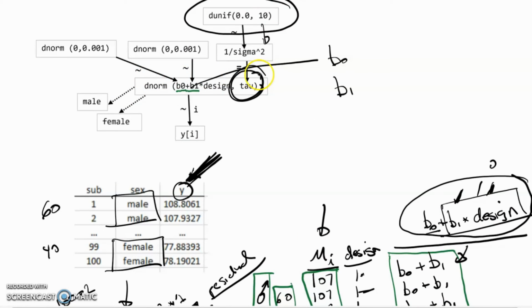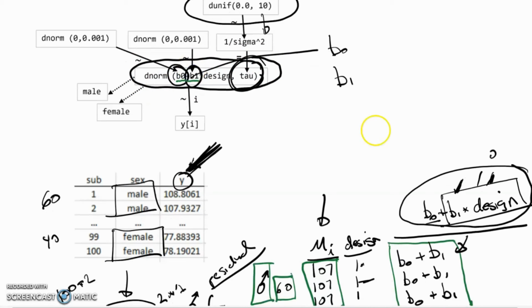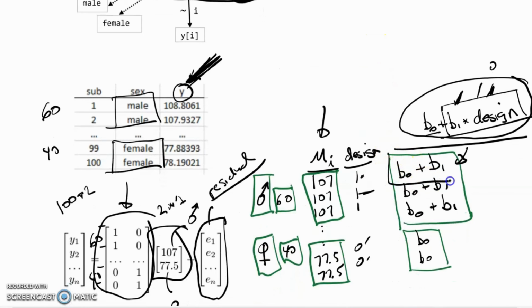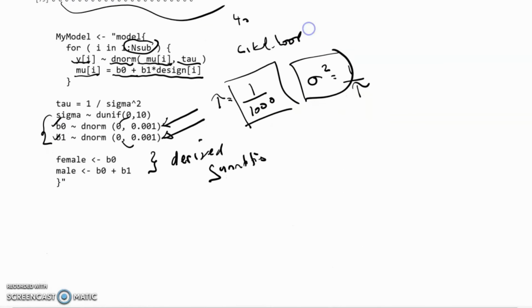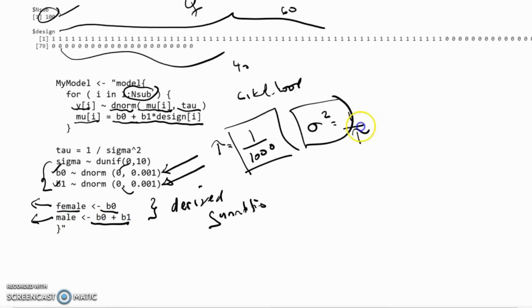We're going to get the posterior distribution of B0 and B1. We saw here that B0 plus B1 is associated with the wing length of the males. B0 is associated with the wing length of the females. So we can say down here in our derived quantities that the female is going to be equal to B0 and the male is going to be equal to B0 plus B1.